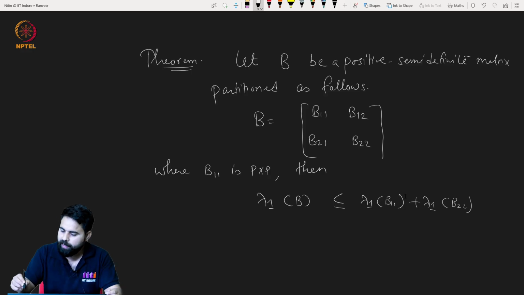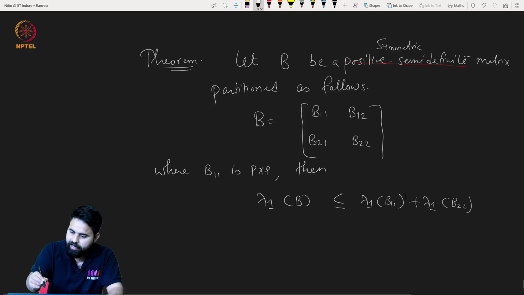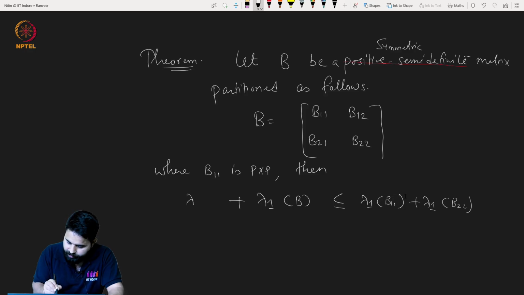Suppose instead of positive semi-definite, I write just a symmetric matrix. Let B be a symmetric matrix, and then we can indeed write this result as follows.